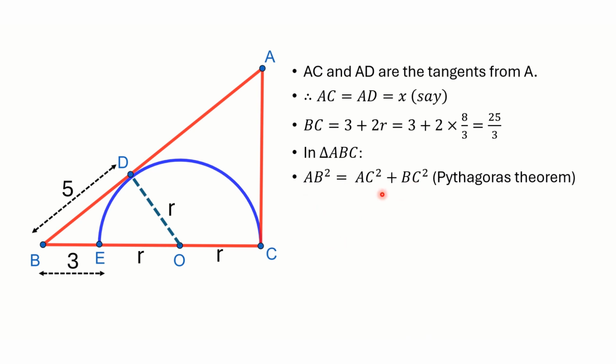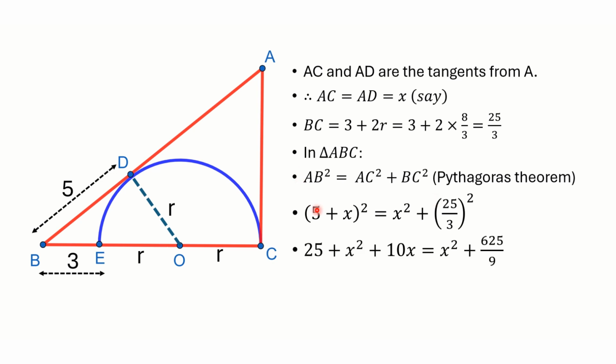Now all the values are known in terms of x. AB is 5 plus x, so 5 plus x whole square. AC is x, so this is x square. BC is 3 plus 2r, that is 25 by 3, so this is 25 by 3 whole square.